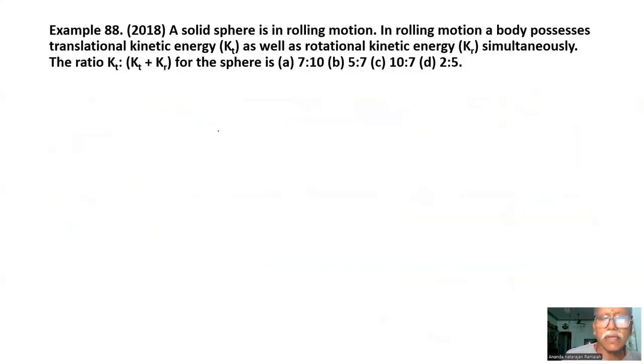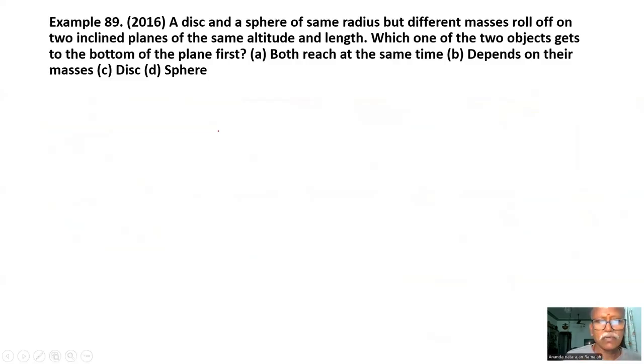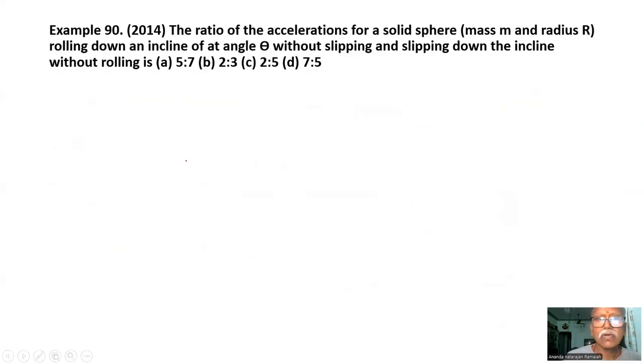A solid sphere, this sum already we have seen. The ratio of acceleration for a solid sphere of mass m, radius equal to r, rolling down an inclined plane of angle theta.